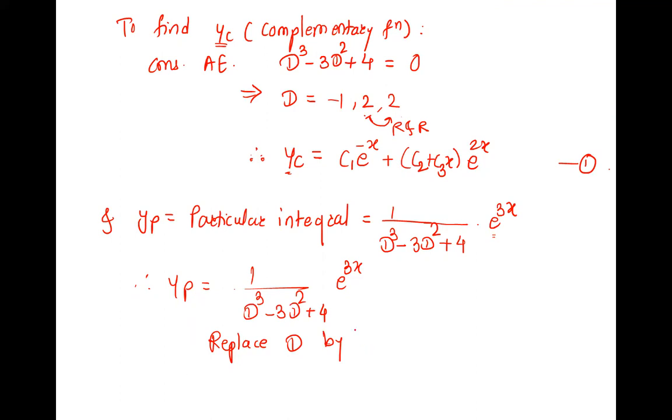So d by what? The power of e, that is 3. So wherever there is d, you will write 3 now. So it is 3 cube minus 3 into 3 square plus 4, as it is, into e raised to 3x as it is.